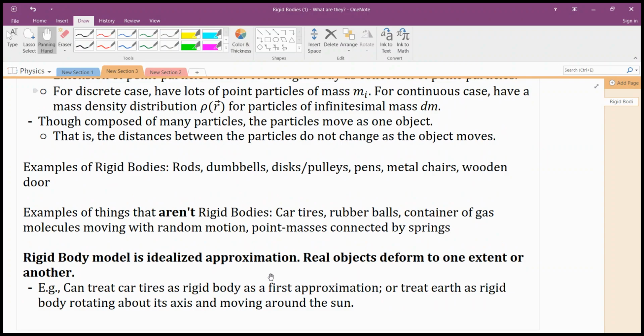So, although car tires, strictly speaking, are not rigid bodies, you can treat them as such as a first approximation to understand the rotation and rolling motion as it moves, because it doesn't really deform that much, or at least not enough that you can't treat it as a rigid body to get some information about it or about the object that it is rolling with. Or another example, the Earth is definitely not a rigid body.